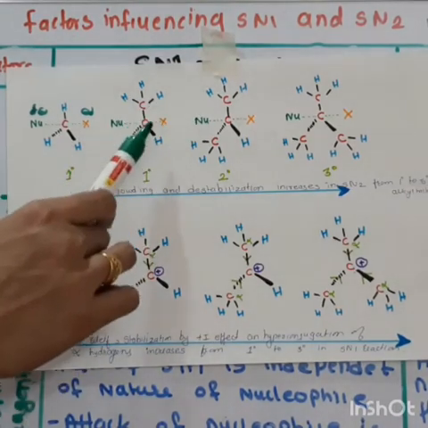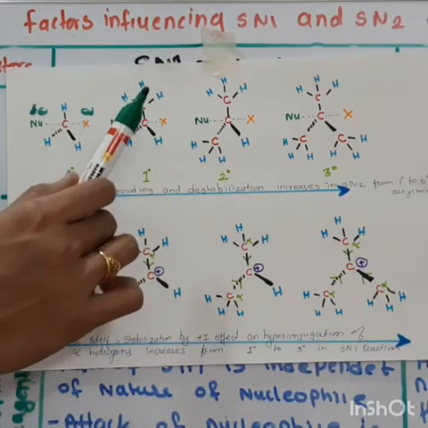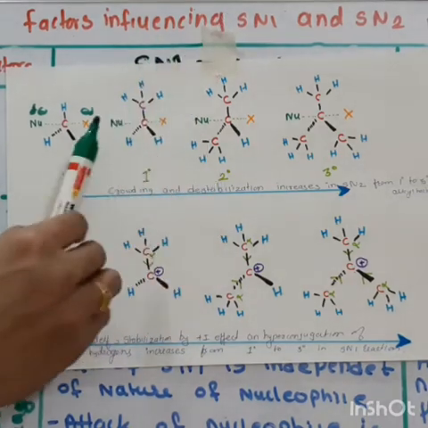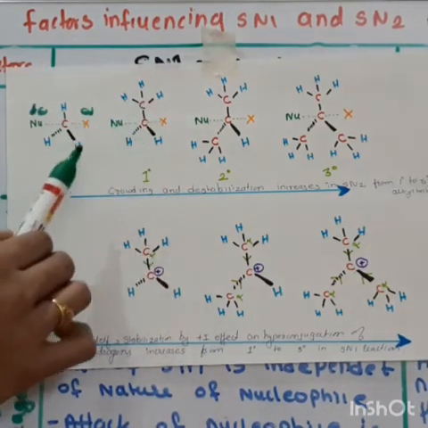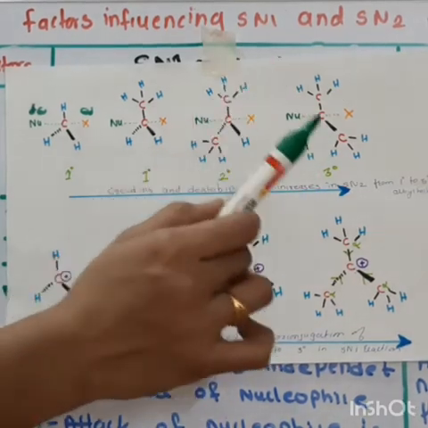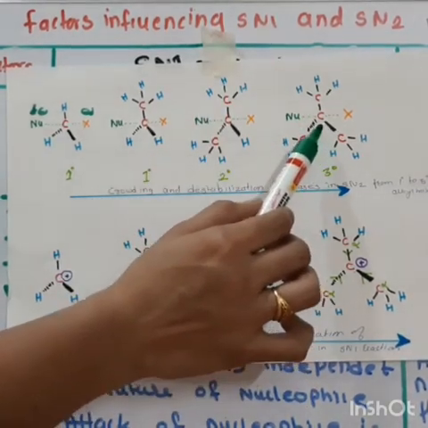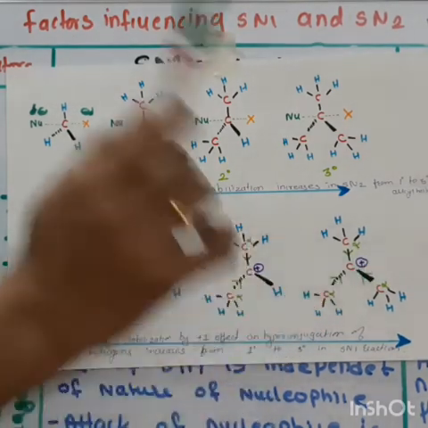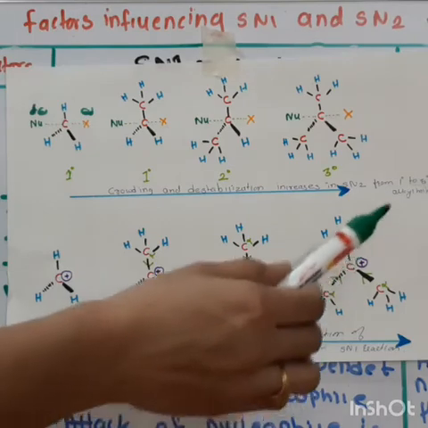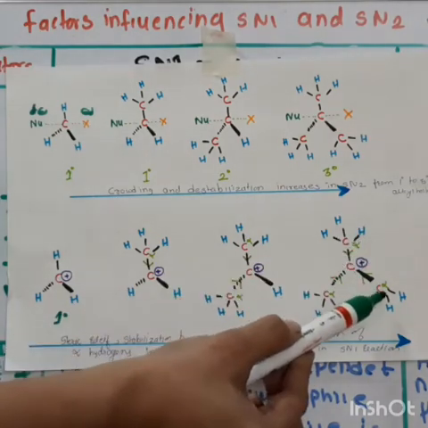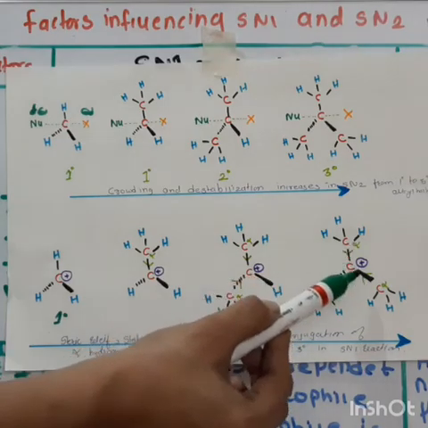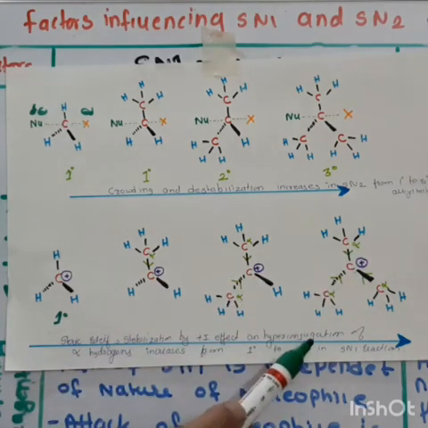So we are seeing pentacoordinate carbon as the intermediate in SN2 reaction. Here in SN2 reaction, tertiary pentacoordinate carbon is less stable, but in SN1 reaction tertiary carbocation is more stable because of alpha alkyl groups or alpha hydrogen atoms, which help to stabilize it by hyperconjugation and plus I effect.